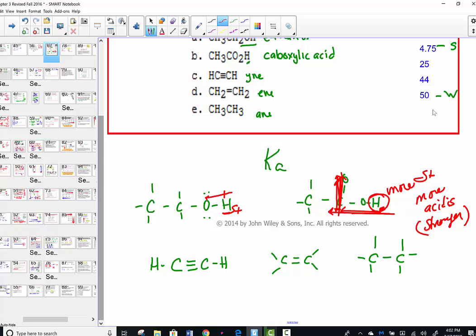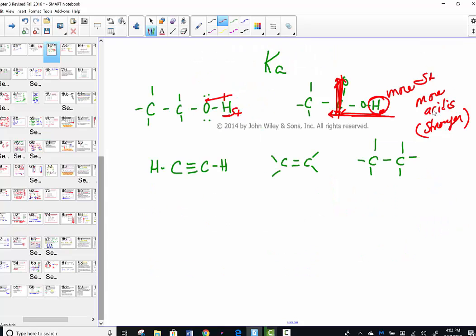Let's find a trend here for the ine triple bond, ene double bond, and ane single bond. In other words, this is sp hybridization, this is sp2 hybridization, and this is sp3 hybridization. This hydrogen, and again it's symmetrical so I can point to either one, is left with a more positive partial charge because of the triple bond being pulled into the center of the carbons.